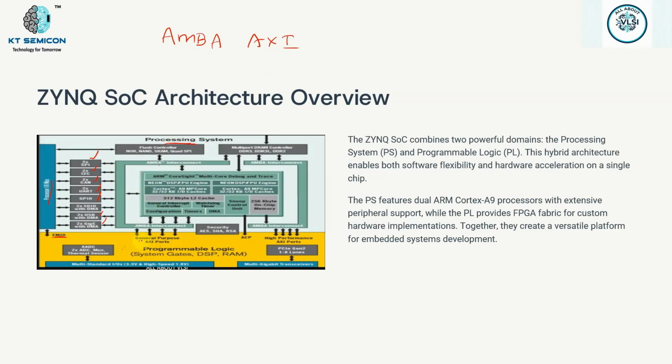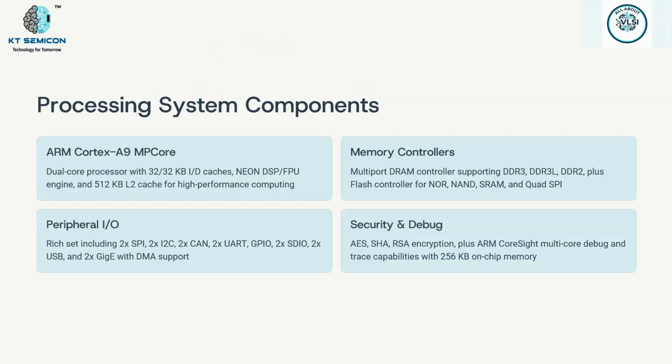Here you can see general purpose AXI ports, and also high performance AXI ports. Why we need these, we will discuss. We also have the AMBA interconnect for establishing the connection between these two parts, and multi-channel gigabit transceivers, which we will discuss. This is my Zynq SoC architecture.